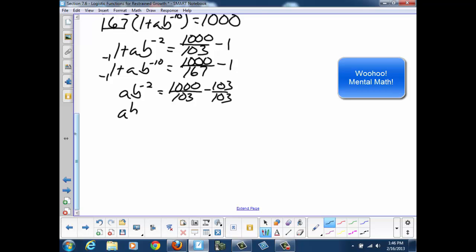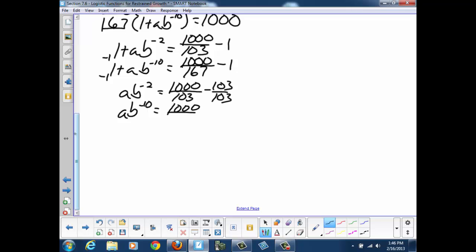And ab to the negative 10 equals 1,000 over 167 minus 167 over 167. So 1,000 minus 103 should be 897 over 103. And 1,000 minus 167 should be 833 over 167.